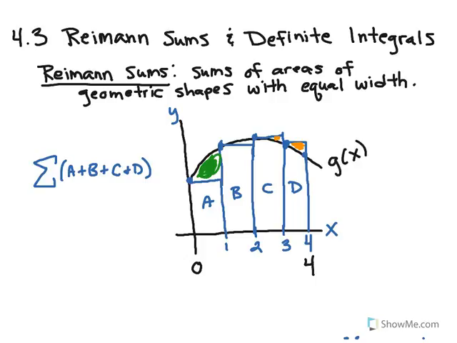The way I would write a definite integral for this is I'm going to write my integral sign like this. Now, the value farthest to the left goes at the bottom of this integral. I went all the way to 0, so 0 is going to go down here. The farthest to the right I went was 4, so 4 is going to go up here.